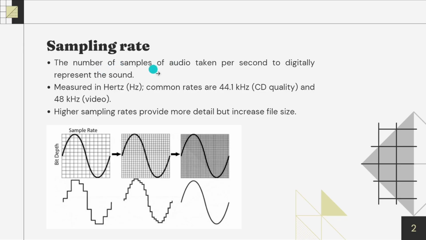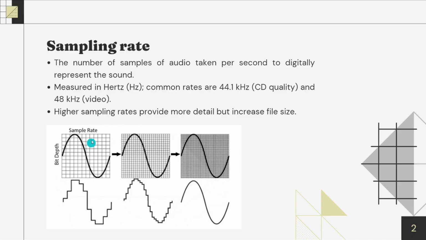The number of samples of audio taken per second to represent the sound is called the sampling rate. It is usually measured in hertz. For example, a rate of 44,100 Hz, which is common in CDs, means that the audio is sampled 44,100 times per second. Higher sampling rates capture more detail, but they also increase the file size.